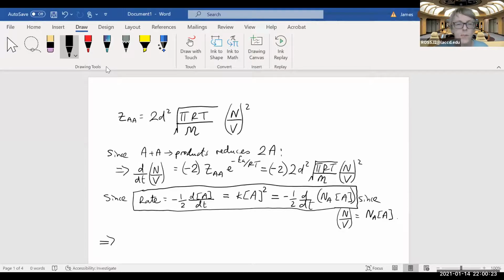So we've got rate is -1/2 d/dt of N_A[A], right? So I'm just rewriting this bit here.